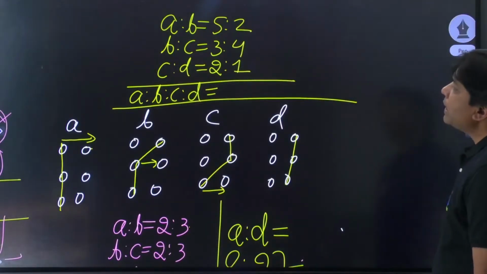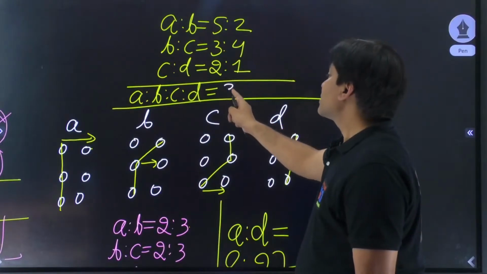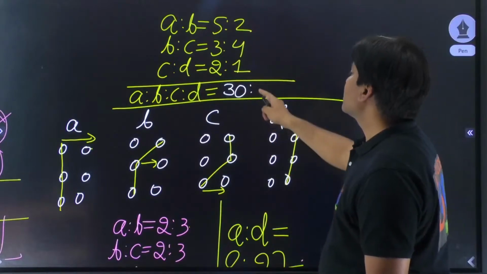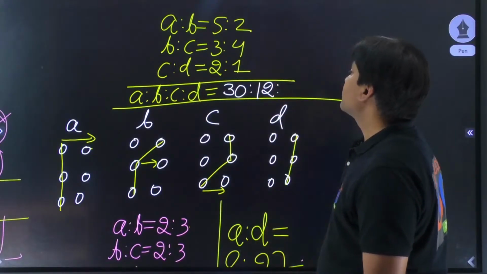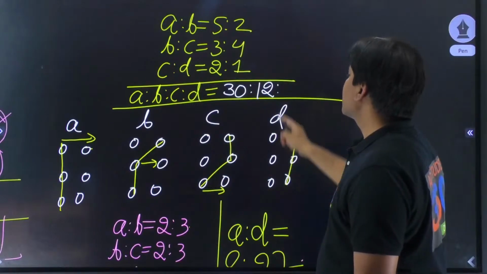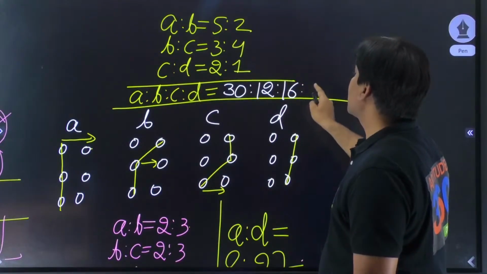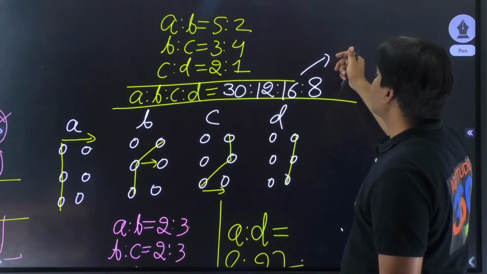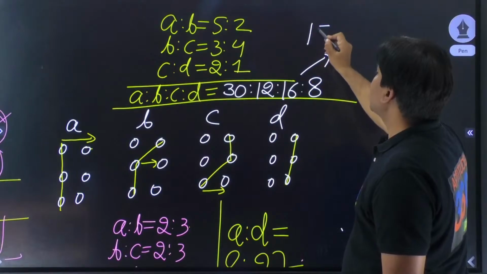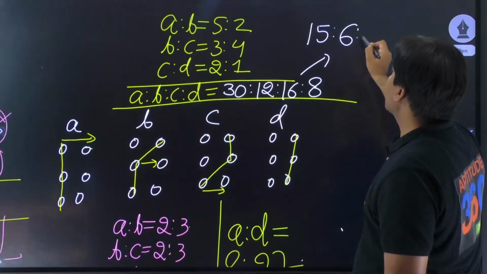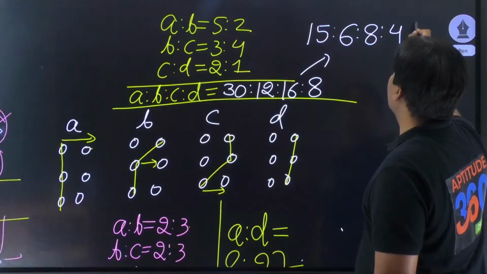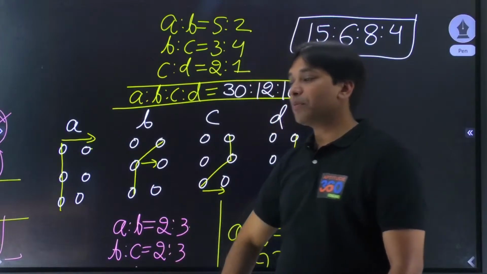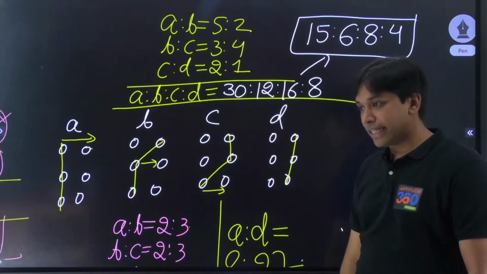So A is going to be... and if you simplify, all of them are having the, this is 15, 6, 8 and 4. This is the factor. Good job everybody. Almost everybody is getting the right answer.